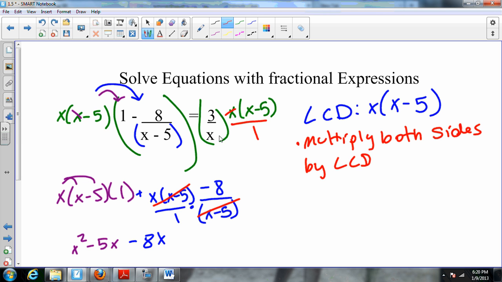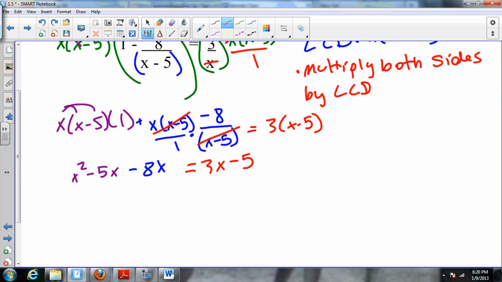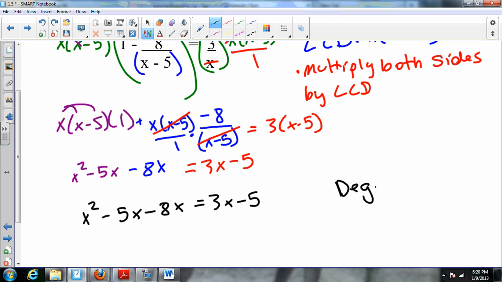The x's cancel. It becomes 3 times x minus 5 equals 3x minus 15. So right now we have x squared minus 5x minus 8x equals 3x minus 5. The highest degree is 2. So that makes it a quadratic.